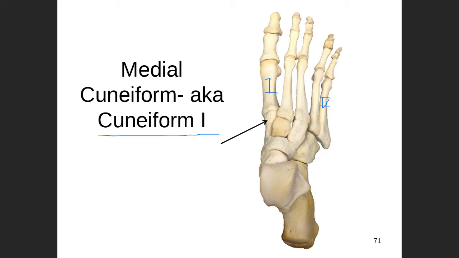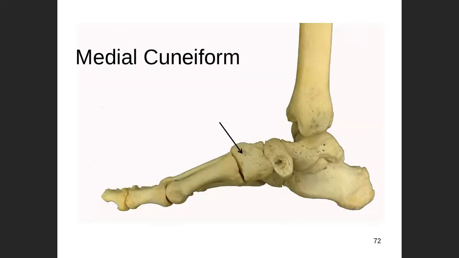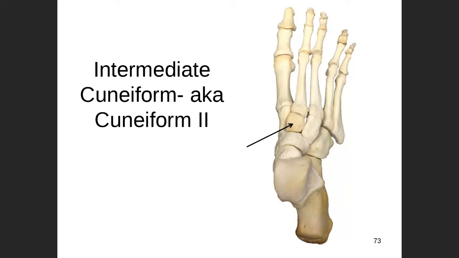All right, we'll show you medial cuneiform from the medial view, right here. So the medial cuneiform, or cuneiform Roman numeral 1, sits in between the navicular bone and metatarsal number 1. All right, let's look at the next cuneiform. There's the intermediate cuneiform, or cuneiform 2. It's going to articulate with metatarsal number 2. Okay, that's this guy.